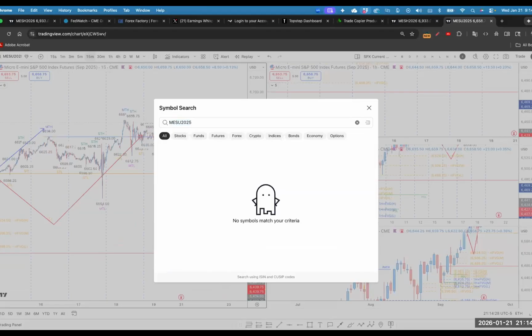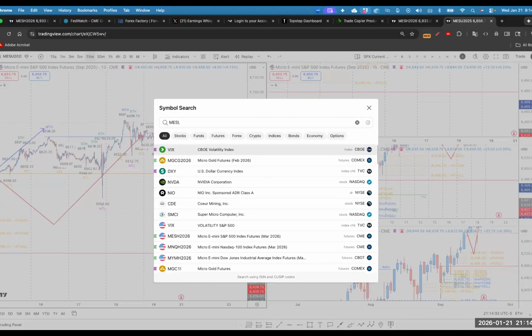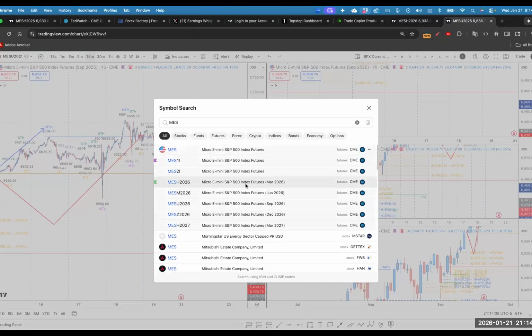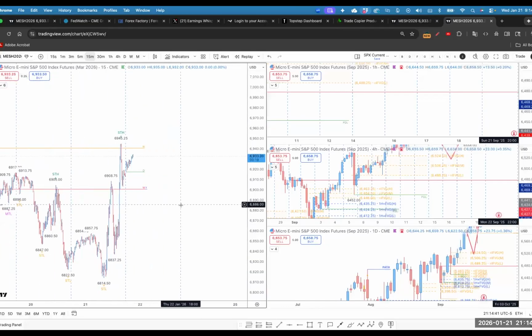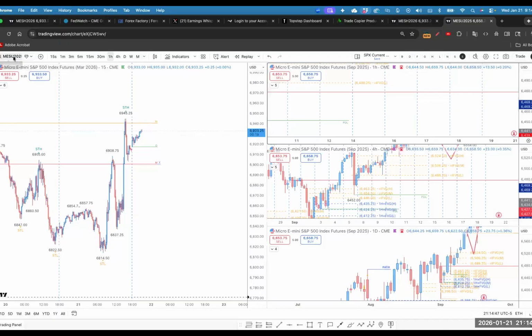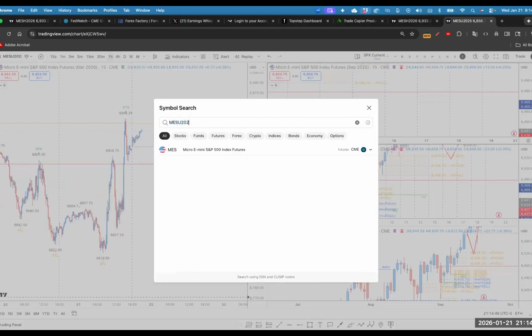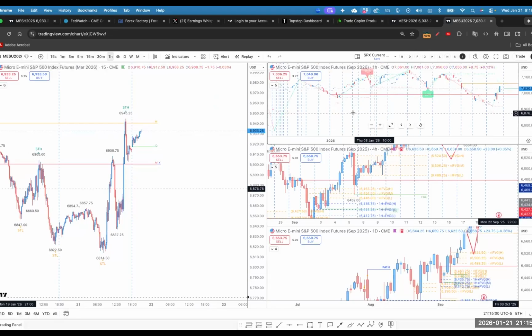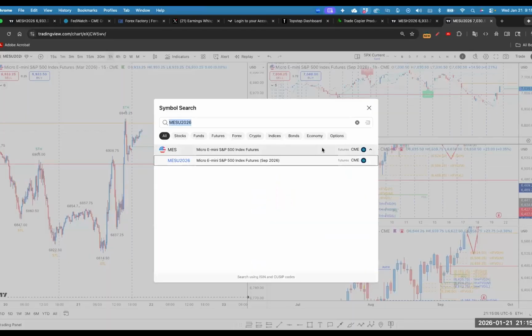So what we would need to do, we want to see the current contract, go to MES, add in the current contract. We're in the March contract. And I'll do the same thing for the rest of these. Go ahead, I picked the wrong one.